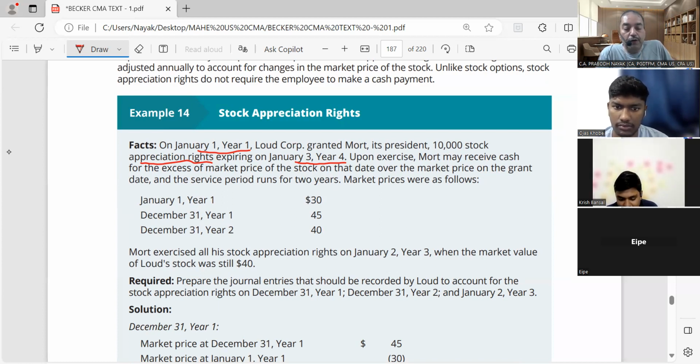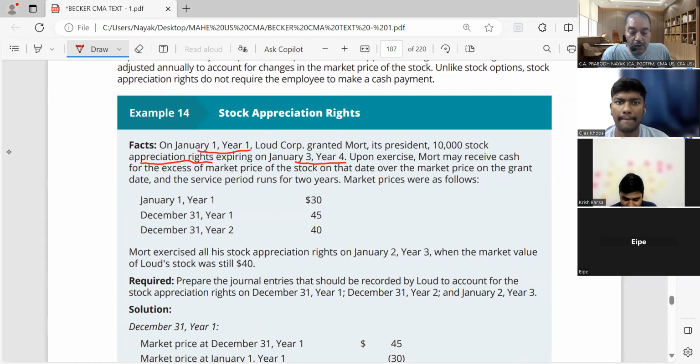The service period runs for 2 years. Market prices were as follows: January 1st, that is the grant date, it was 30. December 31st, year 1, it was 45. So in the first year, there is an appreciation of $15.